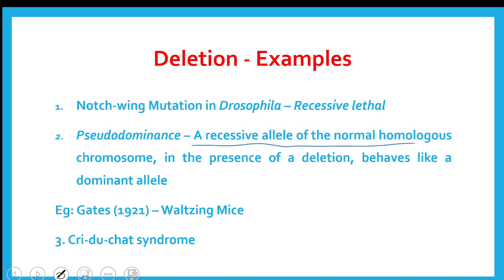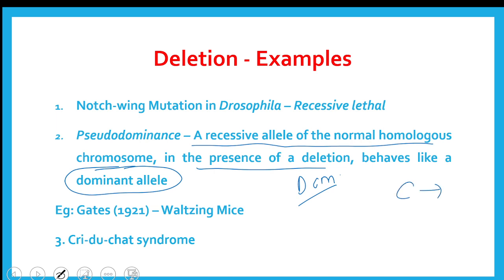A recessive allele of the normal homologous chromosome, due to deletion of the dominant gene for normal behavior, behaves like a dominant allele. That means it expresses itself. We don't say that it is a dominant allele, but when it is expressed in the heterozygote condition, we can call it like a dominant allele.